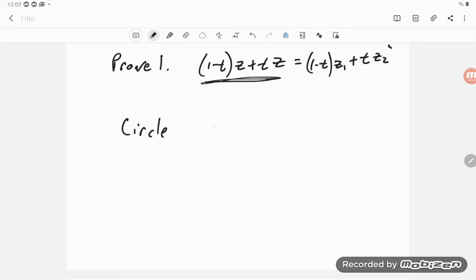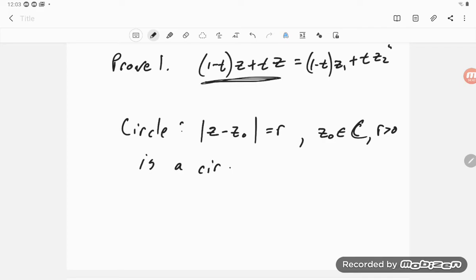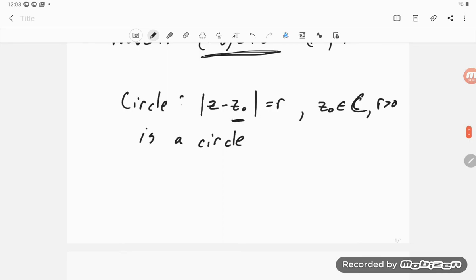And they say, oh, that's the equation: the absolute value of z minus z0 equals r, for some z0 an element of the complex numbers, and r greater than 0, is a circle in the complex plane. Okay, and the center is z0 and the radius is r.